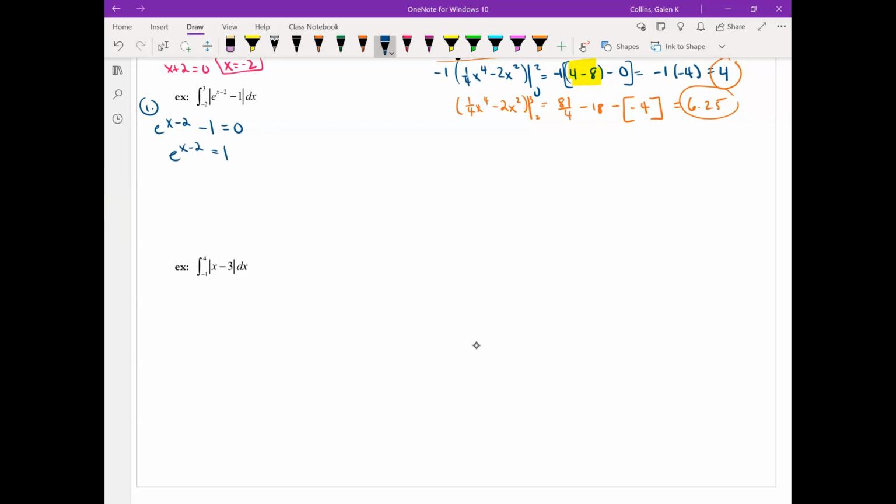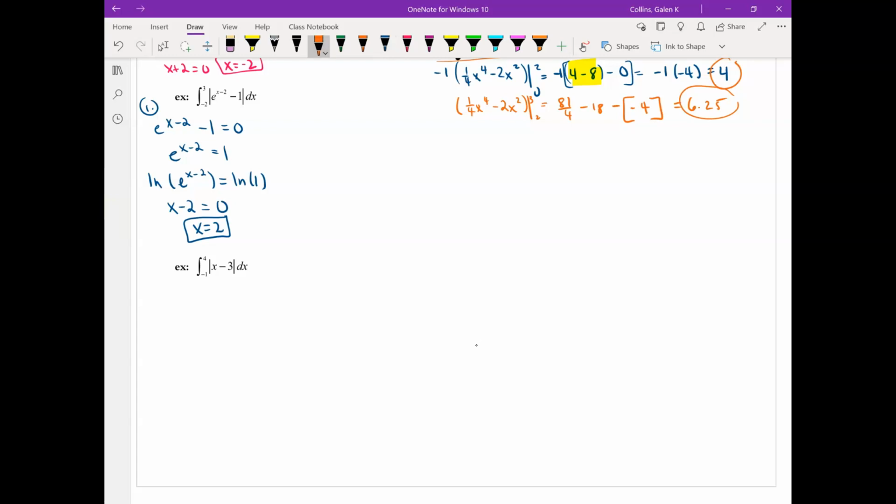And then if I need to undo an exponential, I use the inverse function. So I'm going to log both sides with the same base, log base e, or natural log. And when we do that on the left, we get x minus 2, and the natural log of 1 is 0. And then we could add 2 to both sides, so we get x equals 2.